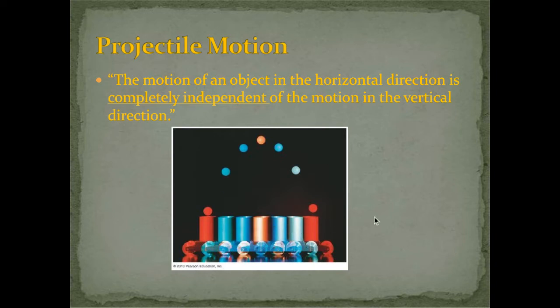And it's emphasizing the motion of an object in the horizontal direction is completely independent of the motion in the vertical direction. Even though this object, assuming there's no air resistance, is horizontally moving steady, steady, steady, it's vertically accelerating downward. It slows down on the way up, and it speeds up on the way down. But it stays over the object because both the object and the projectile have the same horizontal velocity.